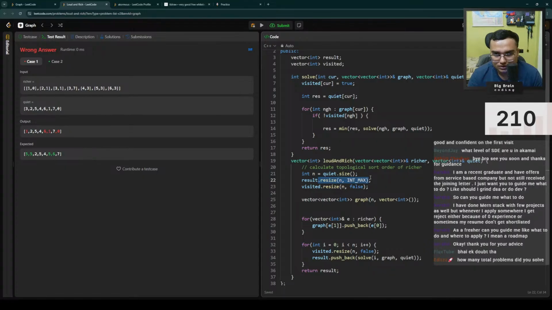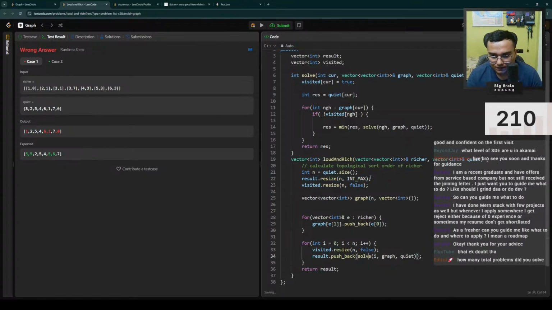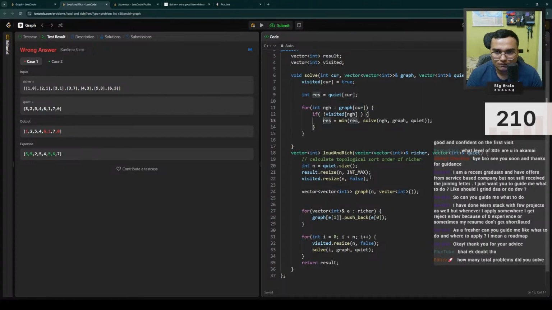So this was correct, and we don't need to push back. We just need to call solve, make this void, visited. Okay, no need to return. But current will become this, right?